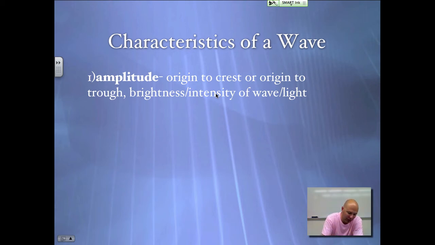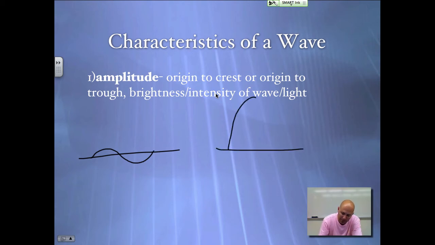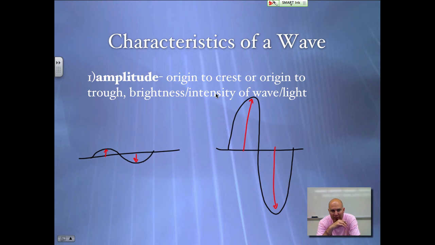So something that looks like this will certainly have a different amplitude than something that looks like this. Both are electromagnetic waves, but obviously the amplitude here versus this left one is significantly different, and so obviously in terms of the brightness of the wave.